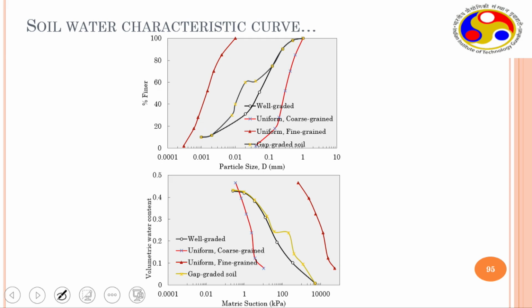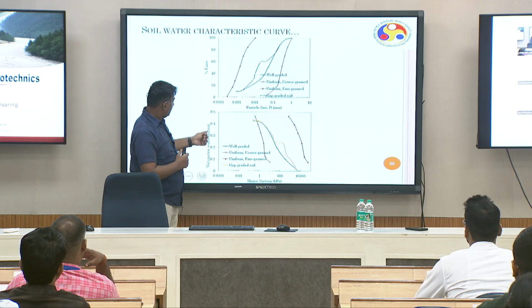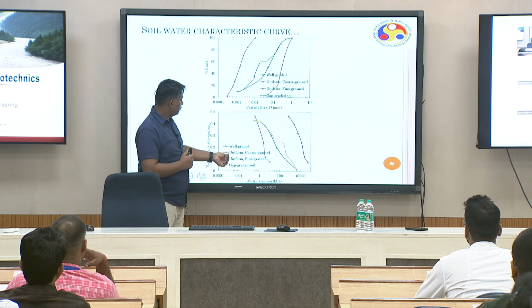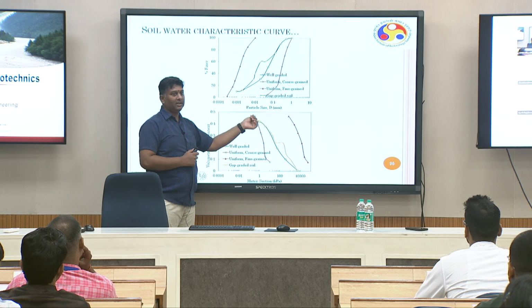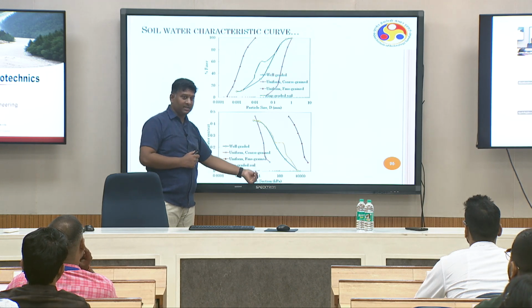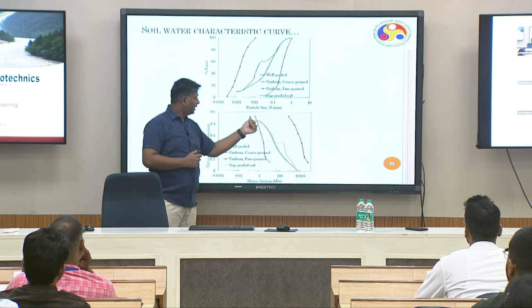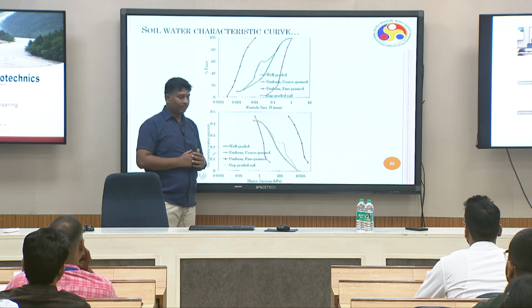If you have a uniform soil, something like this, look at the corresponding soil water characteristic curve. For the uniform, coarse grained soil, this is how the SWCC is varying. This is the air entry value, right? Air entry is low, around 1 kilopascal for coarse grained soils, and it quickly desaturates.